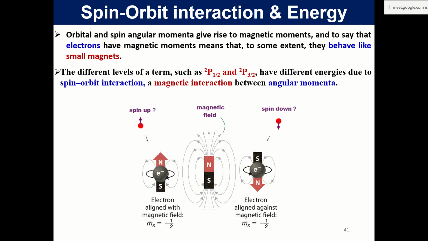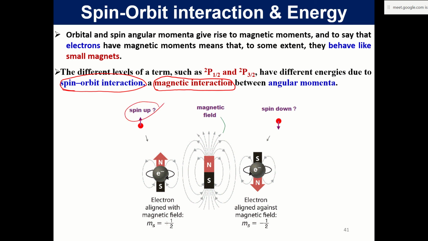So the interaction is in this manner; it is always a magnetic interaction. Whenever we talk about spin-orbit interaction, it is the magnetic interaction between the spin magnetic moment and the orbital magnetic moment, both of which, as I told you earlier, are proportional to the angular momentum.